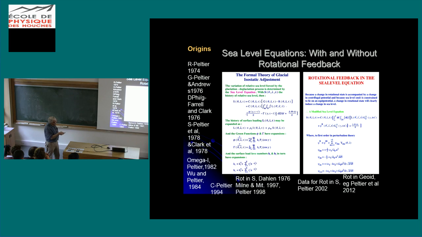This is basically a Fredholm integral equation of the second kind, which can be solved exactly by unwrapping it on a basis of spherical harmonics, which is truncated at some level. So this theoretical structure can actually be used to determine very precisely how much ice was on the continents and, taken in conjunction with glacial geomorphological data, exactly where the ice was. So let me just show you a couple of examples.